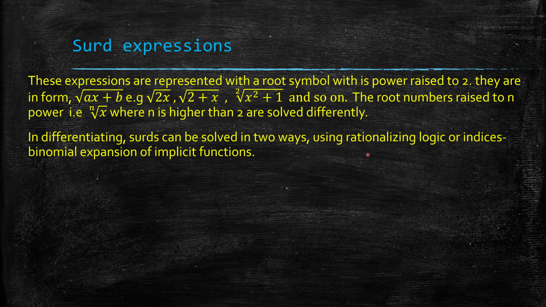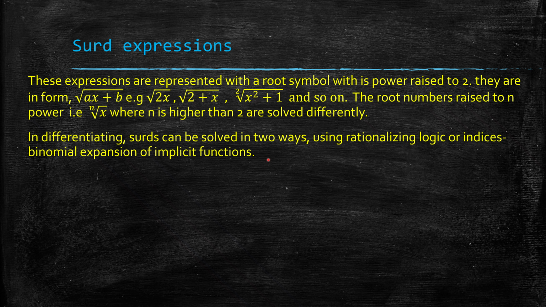We can apply what we call the rationalizing logic, or the indices binomial expansion of implicit functions. But for me at this juncture, I would encourage you to use the rationalizing logic rather than the indices binomial expansion logic of implicit functions, because it might become a bit hectic and confuse you in your expansion, because again at the end of the day it will require you to use at some point Taylor's method, which is rarely taught in A level.